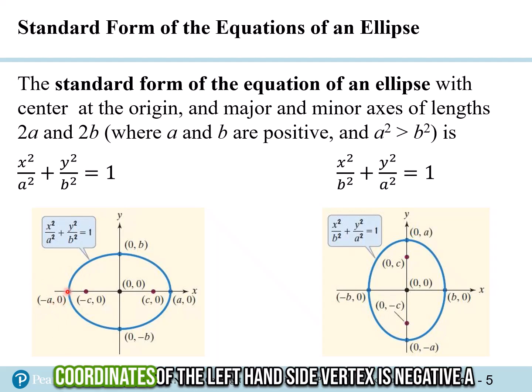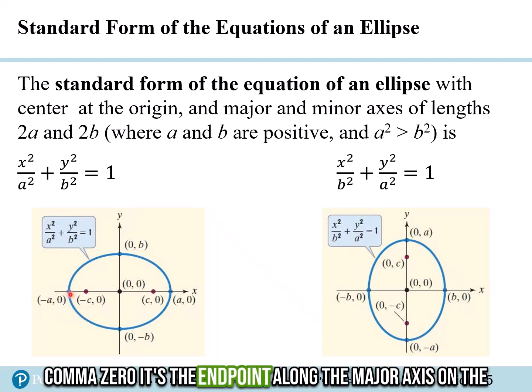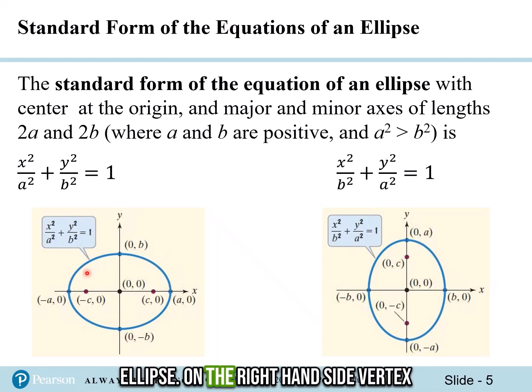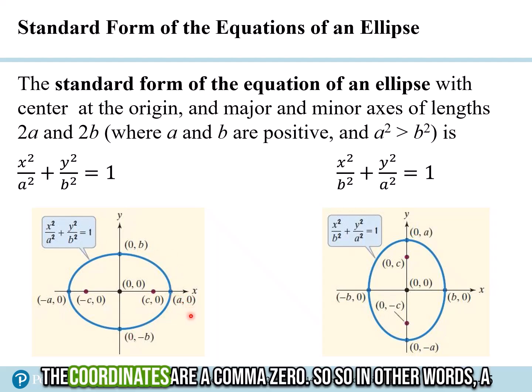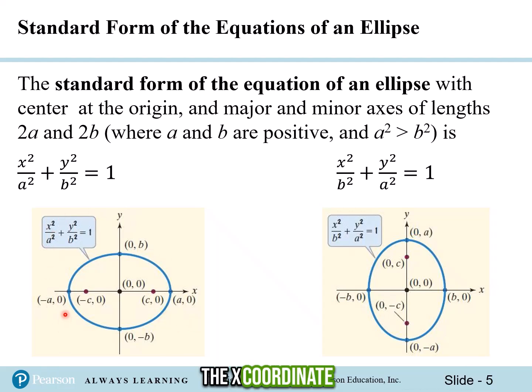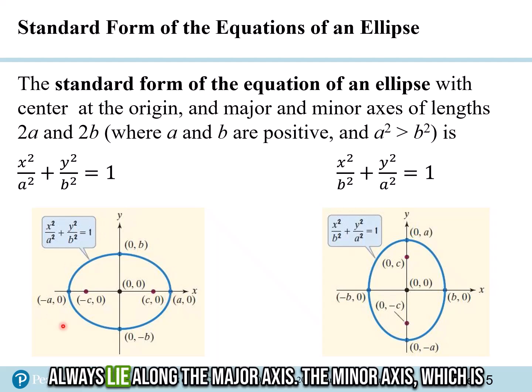So the coordinates of the left-hand side vertex is -a, 0. It's the end point along the major axis on the ellipse. On the right-hand side vertex, the coordinates are a, 0. So in other words, a represents the x-coordinate of the vertices of the ellipse. The vertices always lie along the major axis.